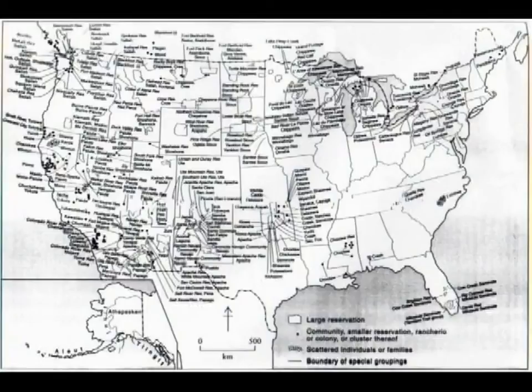Just small pockets down in southern Florida, where the Miccosukee Seminole live, in western North Carolina, where the Cherokee have a number of reservations, okay? But throughout all the other areas of the southeastern United States, you will not find Native American tribes. Anybody know why this is?